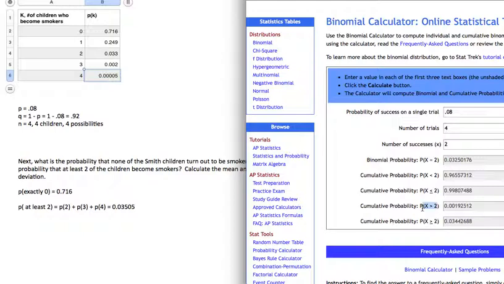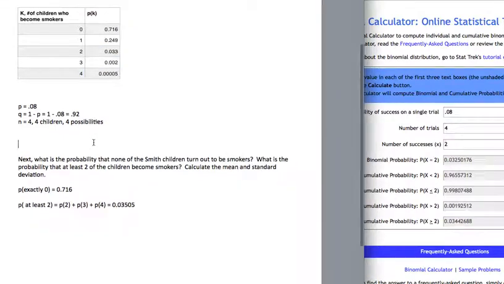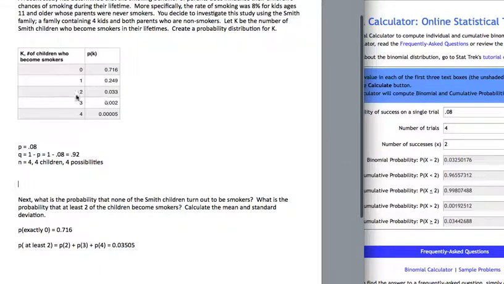This one is just saying strictly greater than 2. This is saying exactly 2 or more. And notice we get 0.0344. We're going to have a little bit of a rounding issue, but it's very close. 0.035, 0.034. Very close. You can do that again using this calculator, or using Minitab you can change it to cumulative. Or you could just use the probability distribution, add 2, 3, and 4.